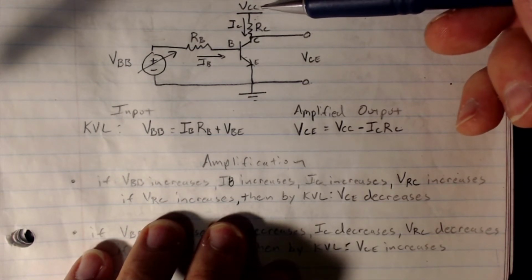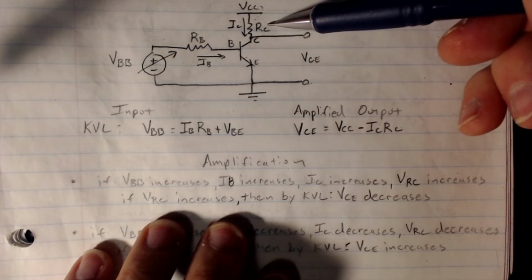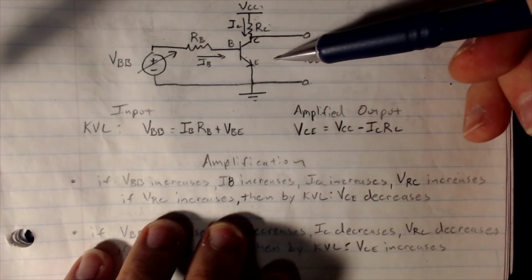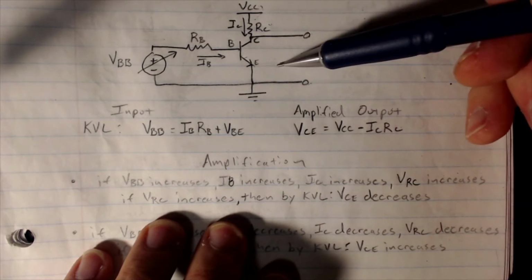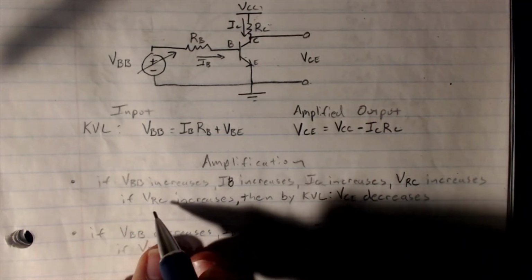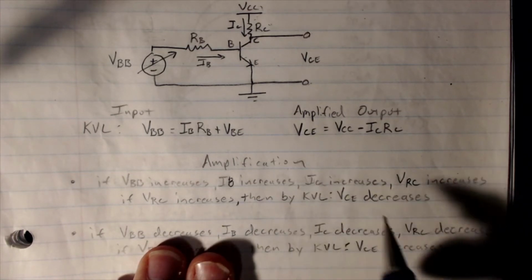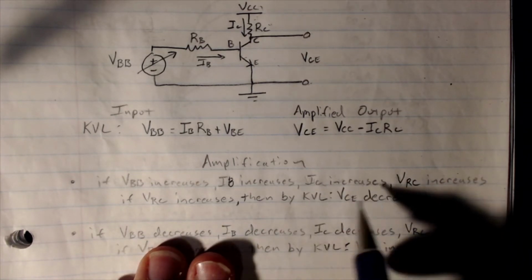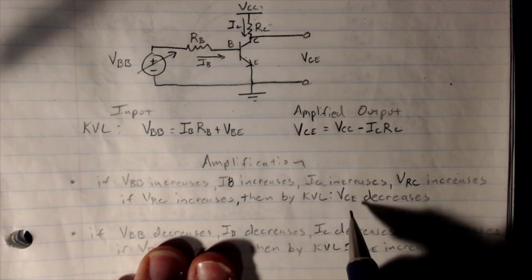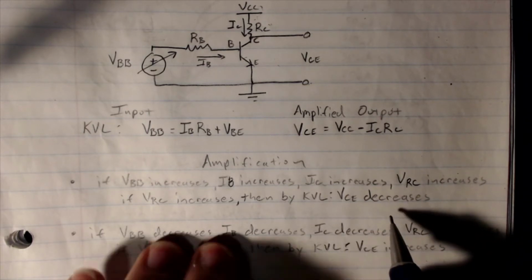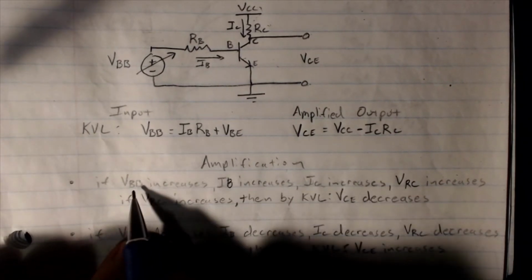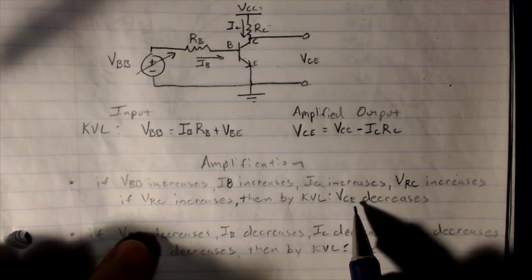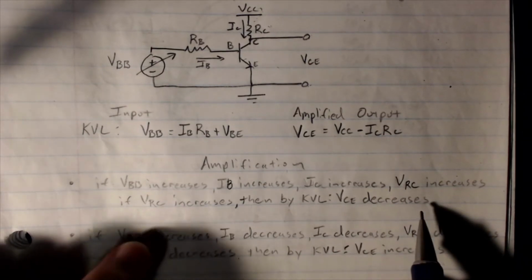So if I had 10 volts here, and this goes up to 5 volts, my remaining voltage here is 5 volts. If this goes up to 8, my remaining voltage here is 2. So when VRC increases because IC increased, then by KVL, VCE must decrease. That's the relationship I wanted to demonstrate here. As our applied signal goes up, our output signal actually goes down.